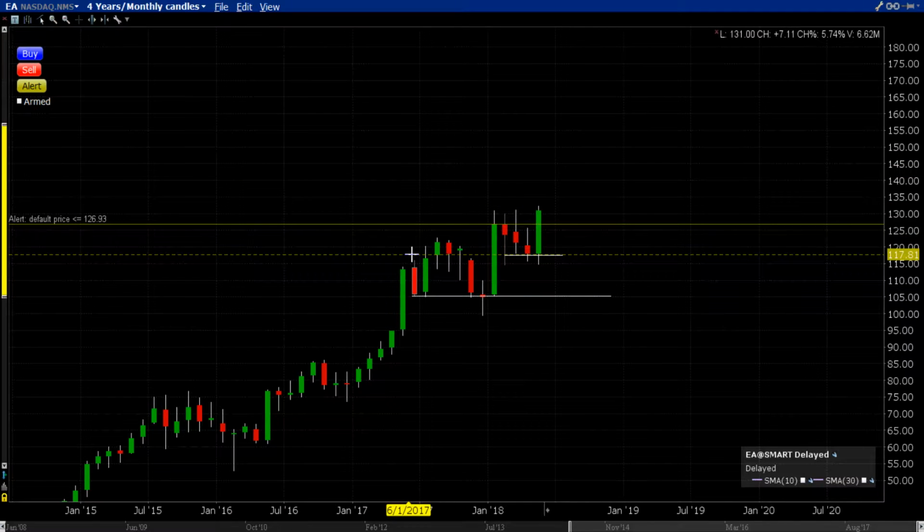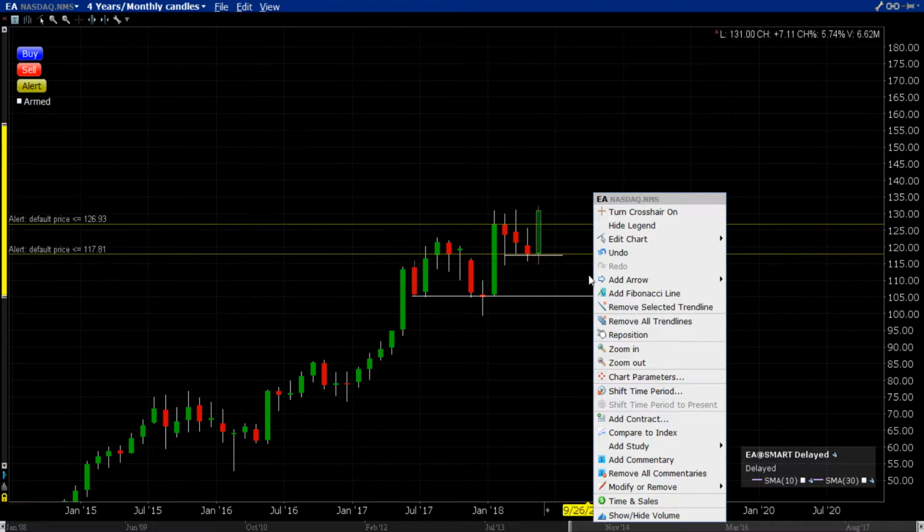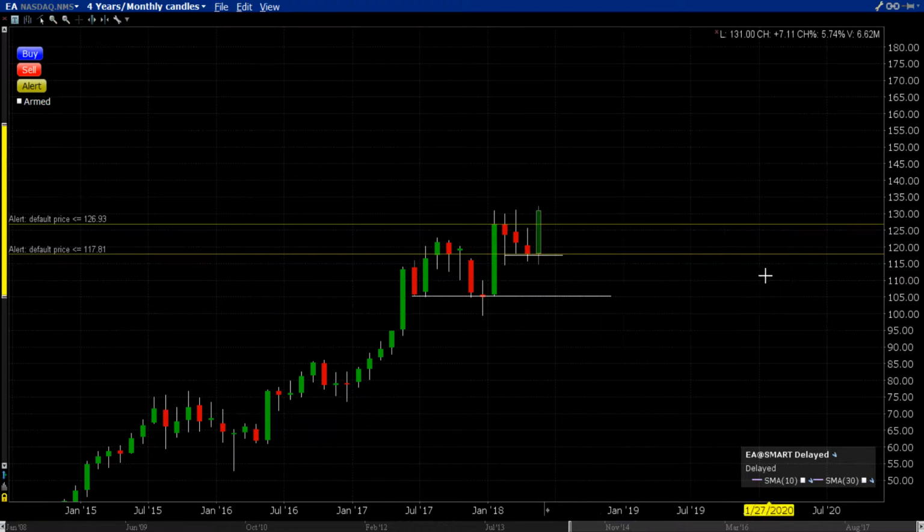So let's put some alerts here in case we go back down. If I'd be applying my classic chart trading framework, I define my resistance and support lines from top, from open and closes together.